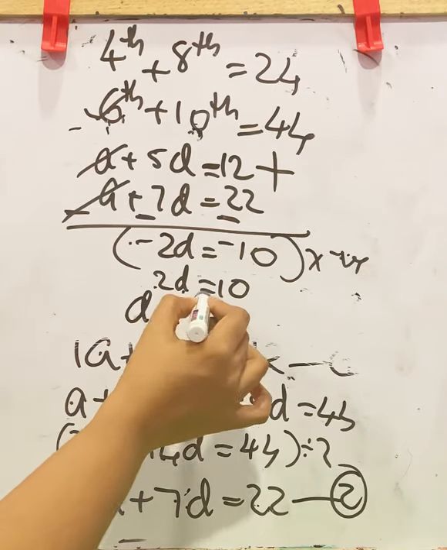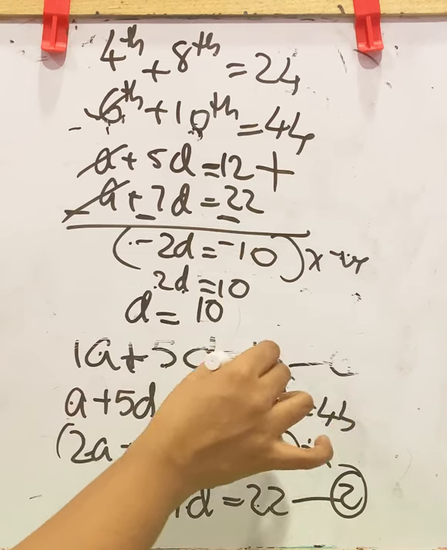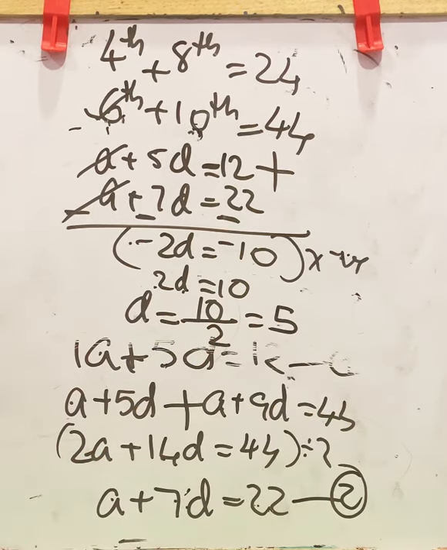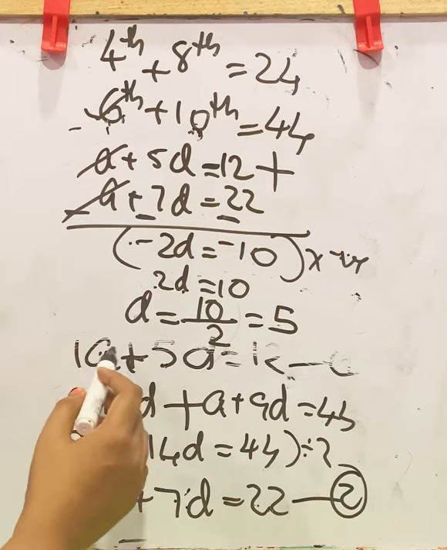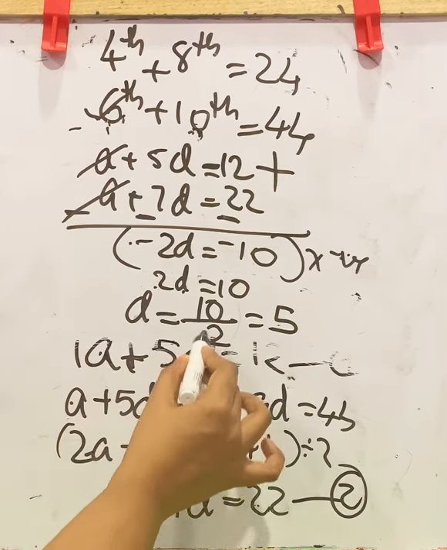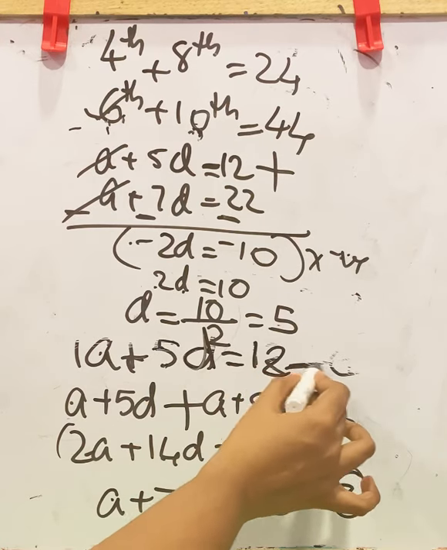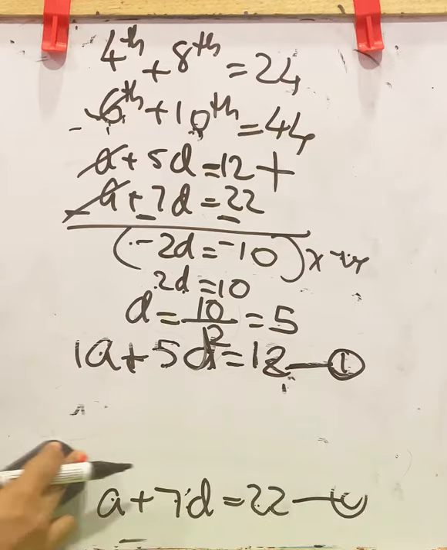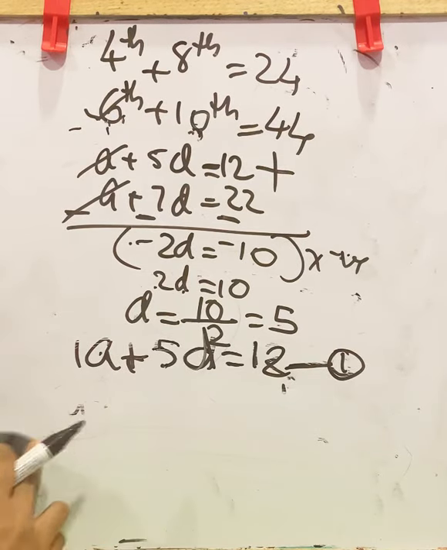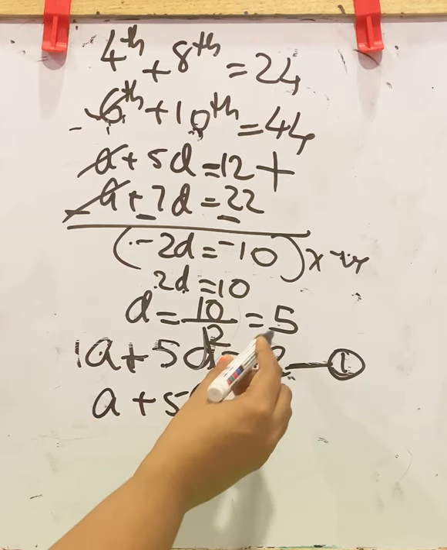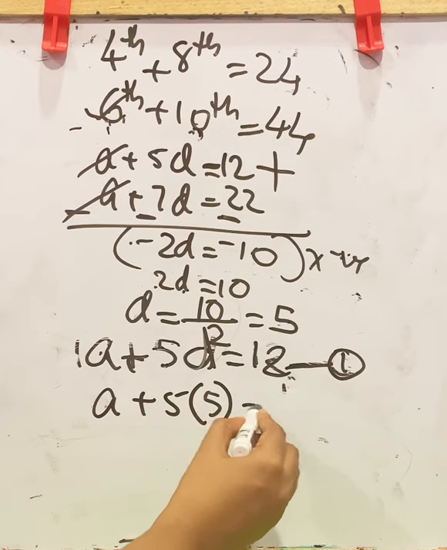Value of D is 10 divided by 2. This 2 taken to the RHS becomes the denominator. 10 divided by 2 is 5. The value of D is 5. So let us consider the first equation, A plus 5D equals 12. Now substituting the value of D in that, we will get the value for A. A plus 5 into D, here 5, equals 12.